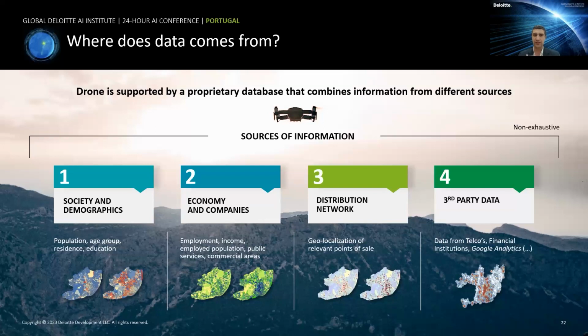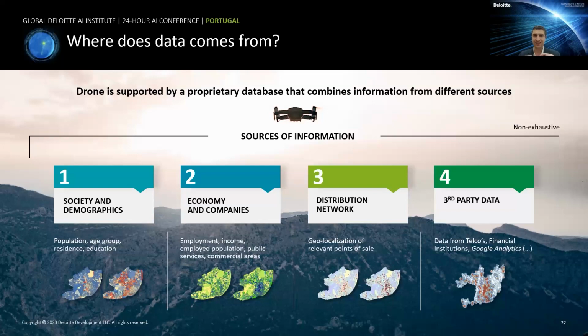And the second part, called the distribution network, and let's take the example of a bank or an insurance company or a petrol station company. It's where are the points of sale of the client that I'm working on. So understanding exactly where my points of sale are and where my competitors' points of sale are.